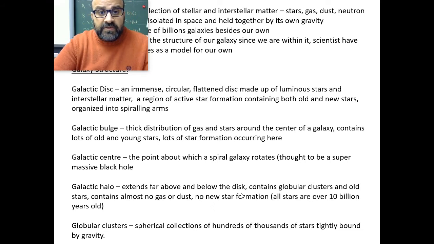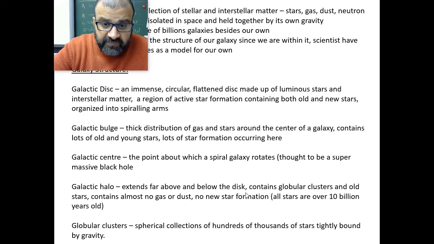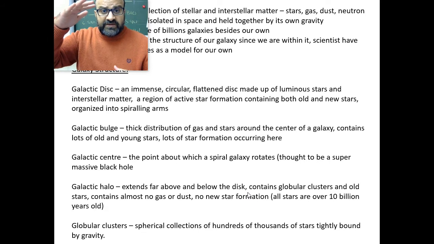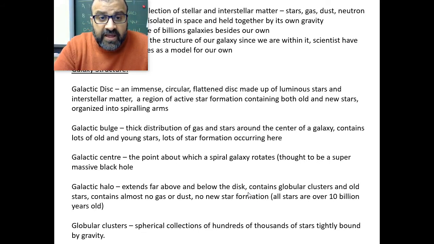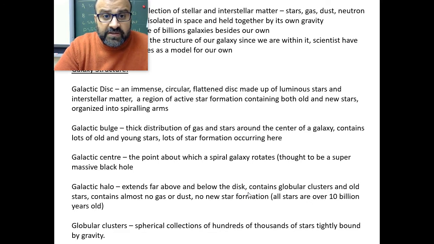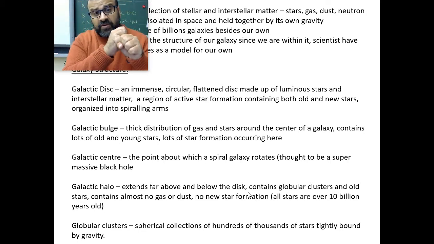The halo and the halo stars extend above and below the disk, okay? And they contain clusters of old stars, very little gas, very little dust. If you want to make new stars, you need hydrogen gas. You need clouds of gas available that are going to collapse under their own gravity.